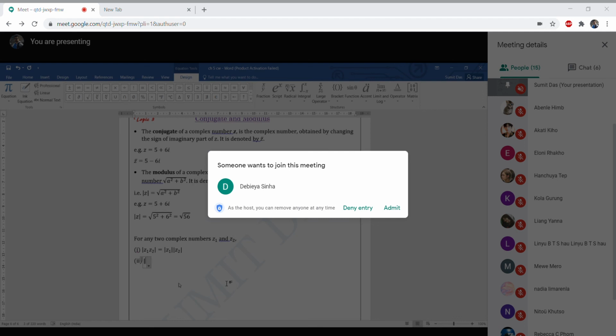Then modulus of Z1 by Z2 is equal to modulus of Z1 divided by modulus of Z2.